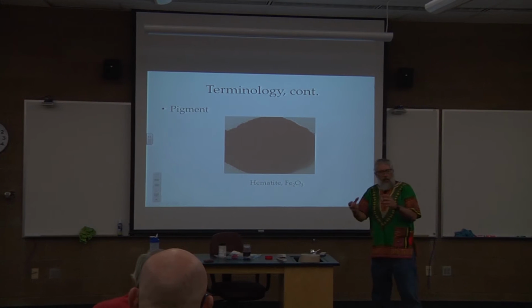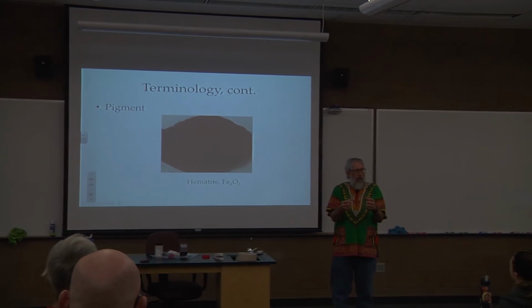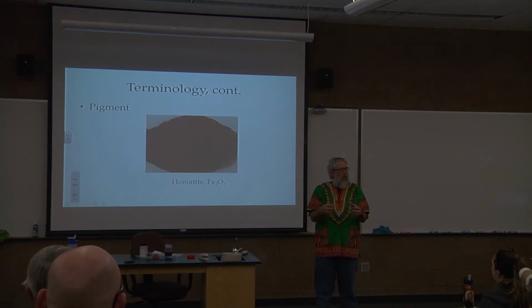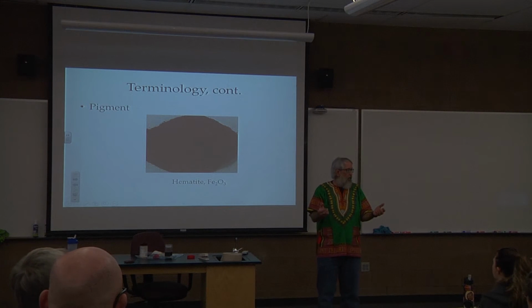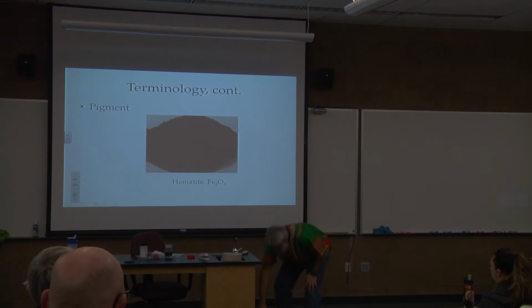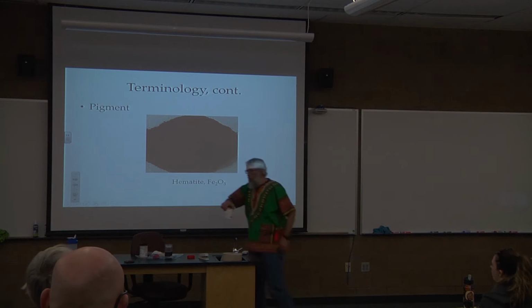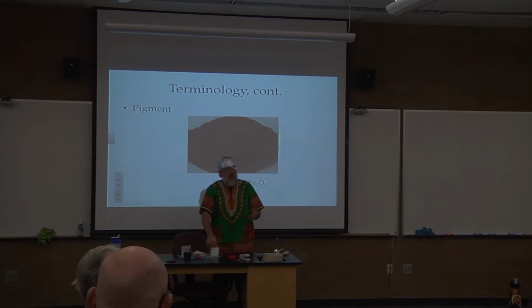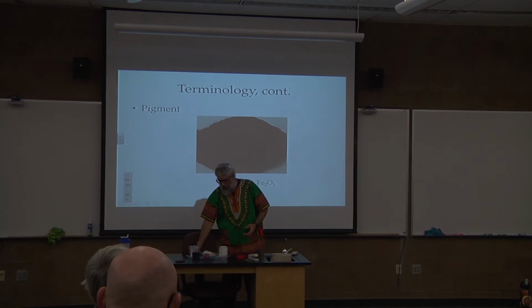And so if you take some finely ground hematite and put it into some medium in which it can be dispersed, then you can make a red colored paint, for example. So here we have some white paint, and there's actually a pigment in the white paint.